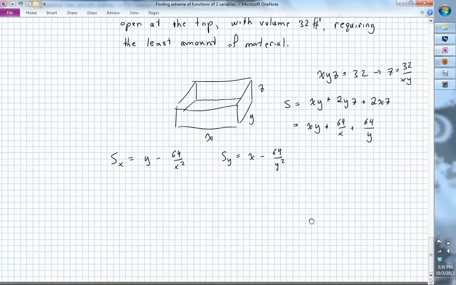And you can go ahead and do the mixed partials, or the second partials. Let me just, for the sake of time, get going on solving this thing. We want to find candidates. And that means setting these things equal to 0.